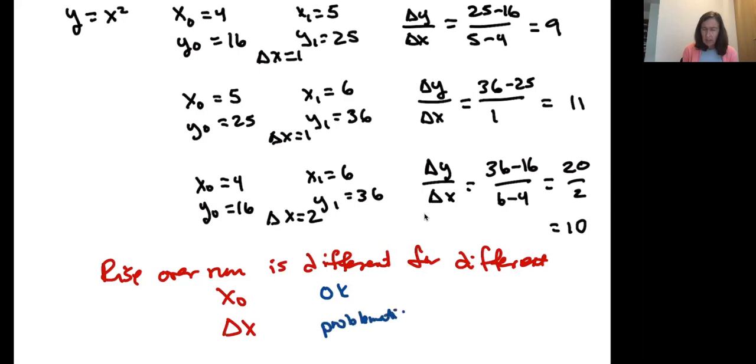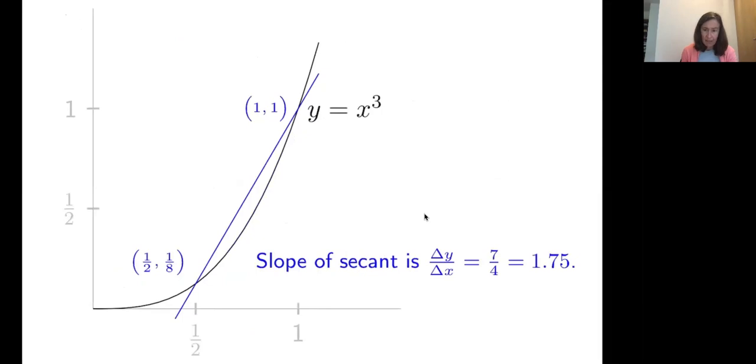The fact that the rise over run depends on delta x is a little bit problematic. Okay, so what I want to do to illustrate that is zoom in here on what we are doing when we are calculating rise over run for a nonlinear function.